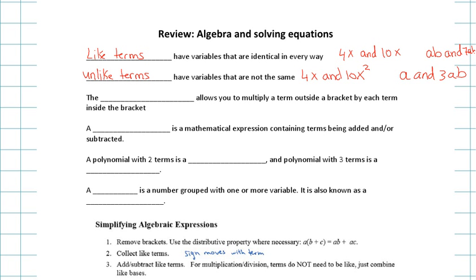Now we will be talking a lot about this. It's called the distributive property. The distributive property allows you to multiply a term outside the bracket by each term inside the bracket.